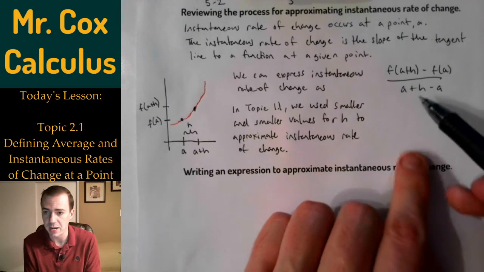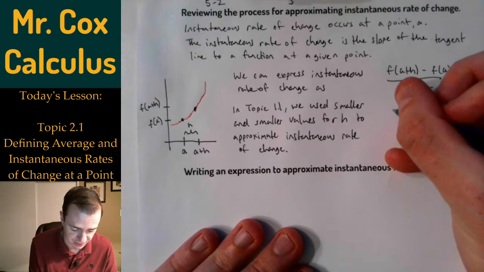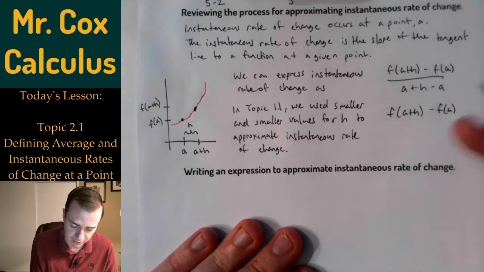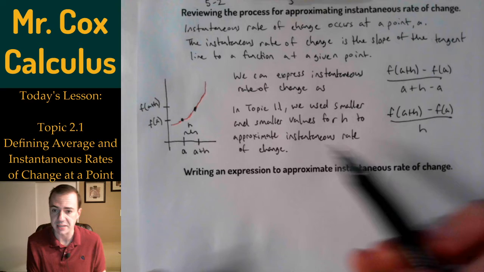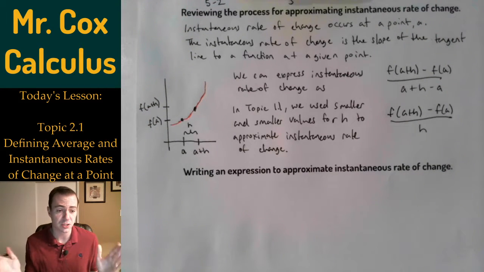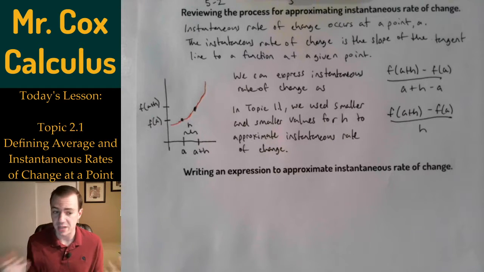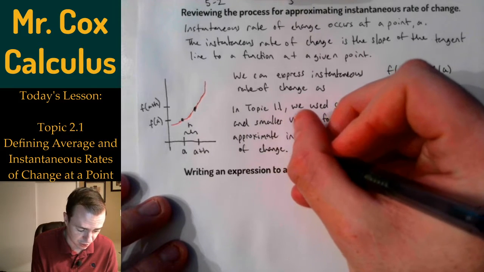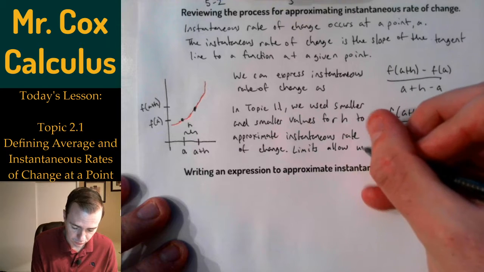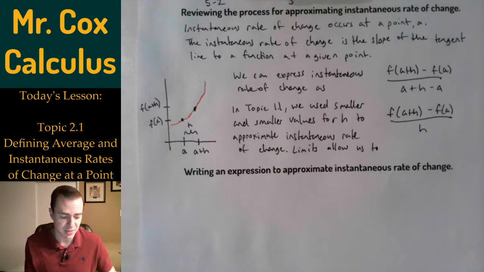In fact, if you look right here in my denominator, I've got a plus h minus a. I can actually simplify this down to say f of a plus h minus f of a, all over h. And that makes sense because h was my change in x value. In order to make this work, we kept making h smaller and smaller and smaller. Well, now that we have a foundation of limits, we can use limits to move away from those tedious tables where we were estimating at the end of the day.